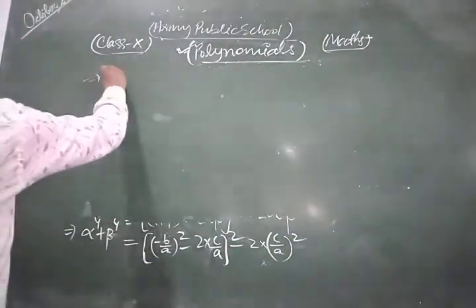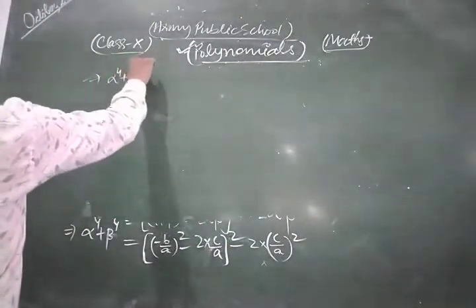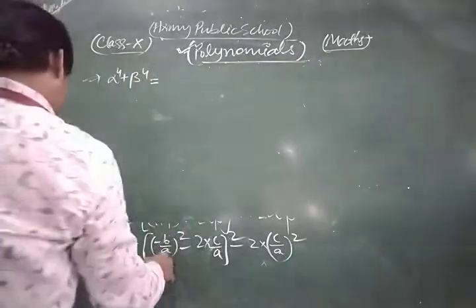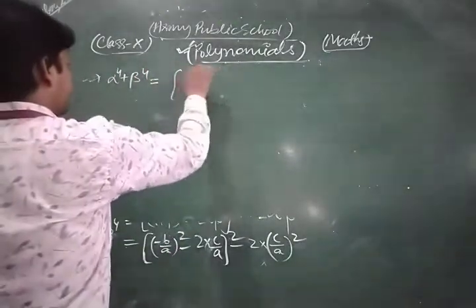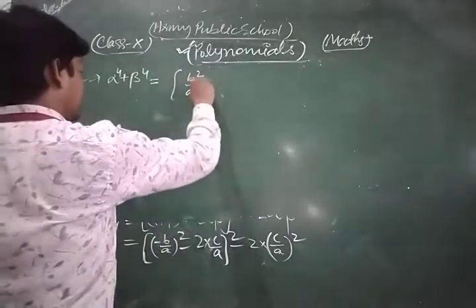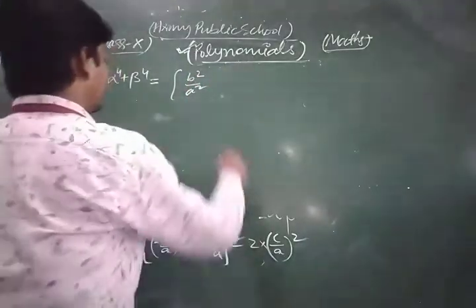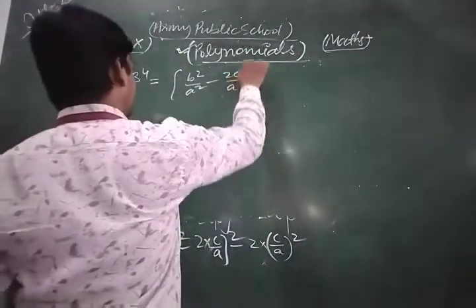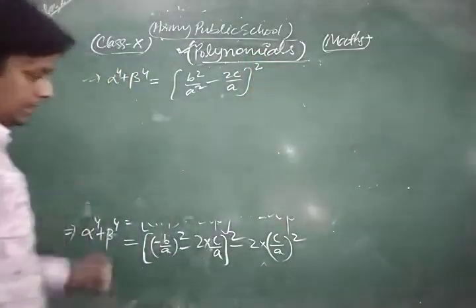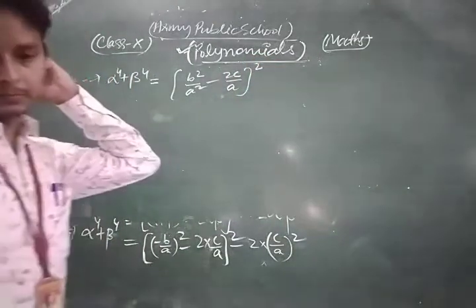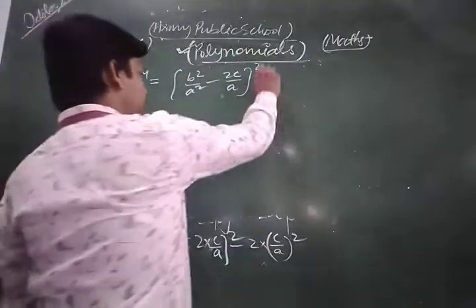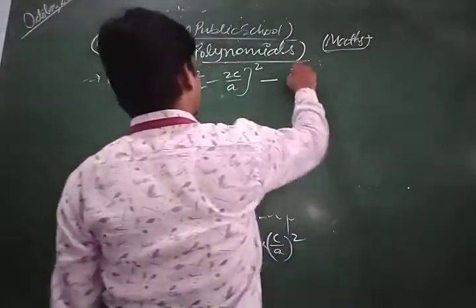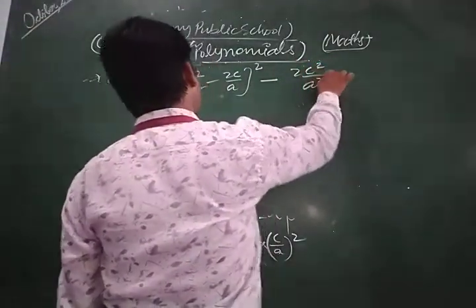So we have alpha power 4 plus beta power 4 is equal to b square upon a square minus 2c upon a, this is whole square, and minus 2c square upon a square.